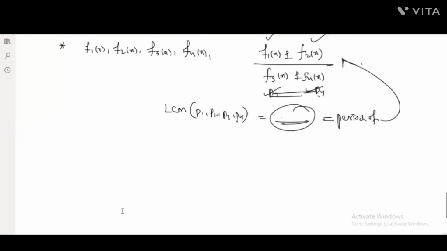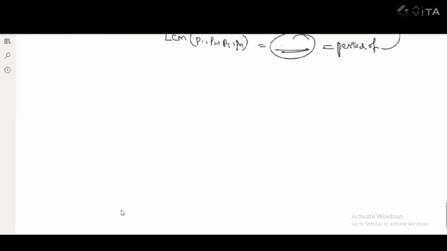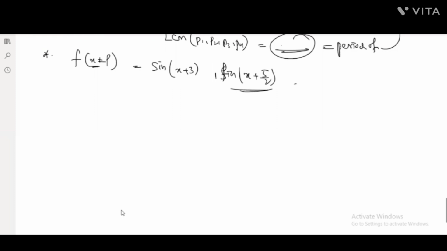And one more important point here. When we are multiplying or dividing the angle, the period is accordingly either divided or multiplied with the original period. But when some number is added or subtracted to the angle, like sine of x plus 3 or sine of x plus 5 by 2, there will be no change in the period of sine x plus.